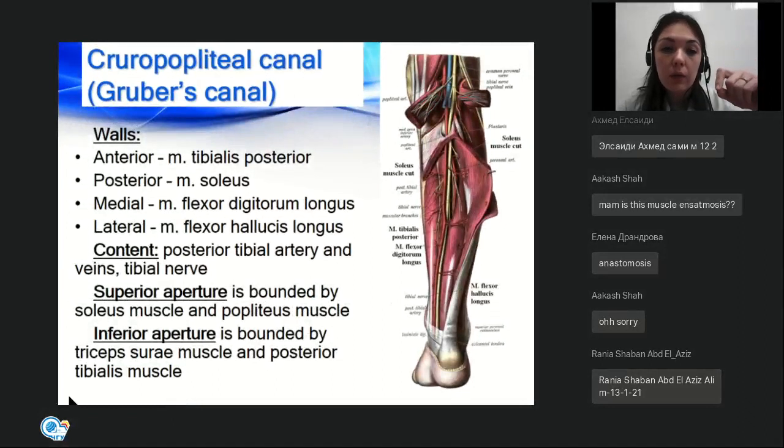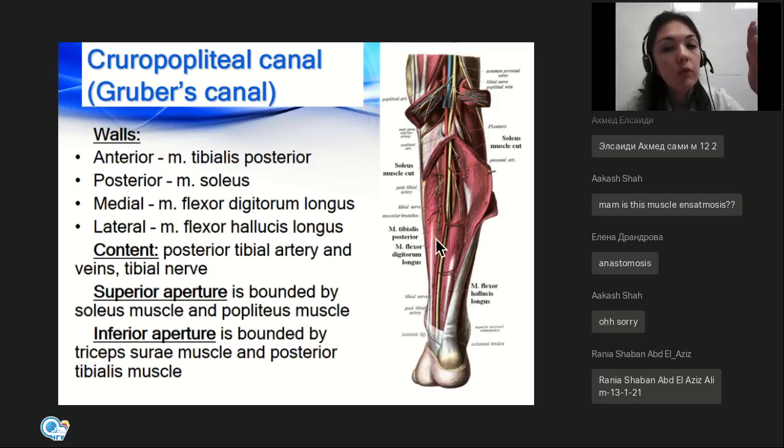In the leg, on the posterior surface, there is the cruropopliteal canal, or Gruber's canal. There are several walls in it. Anteriorly, it is the tibialis posterior muscle. Posteriorly, it is the soleus muscle. Medially, the flexor digitorum longus muscle.